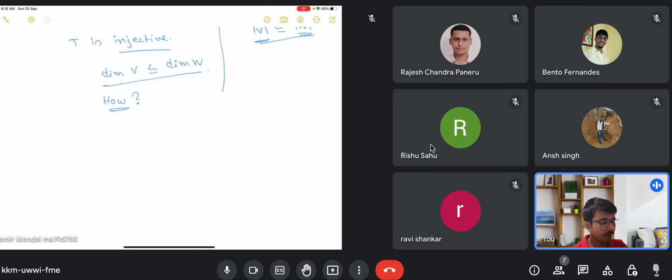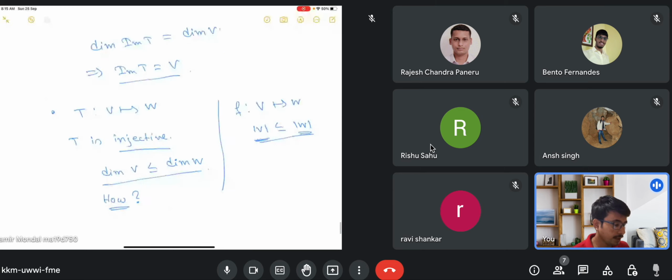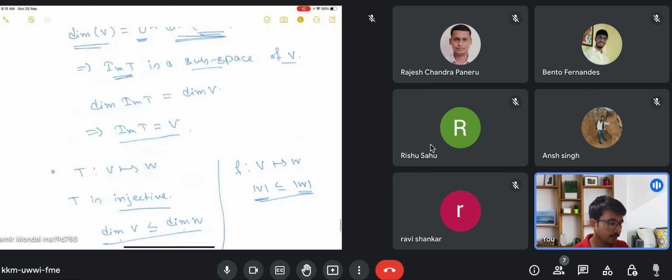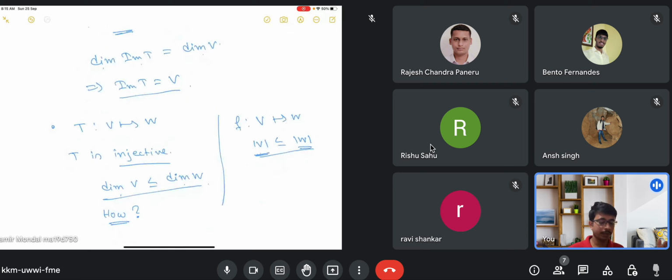Since T is injective, the dimension of V is always greater than or equal to... sorry, less than or equal to the dimension of W. If those are equal, then we are done, because the dimension of the image of T equals the dimension of V, which you already know. So the image of T and W will be equal. This is your hint. Try to think.